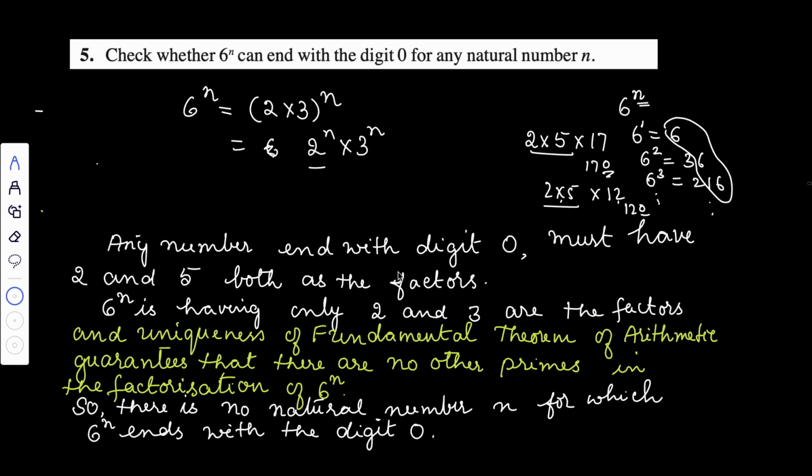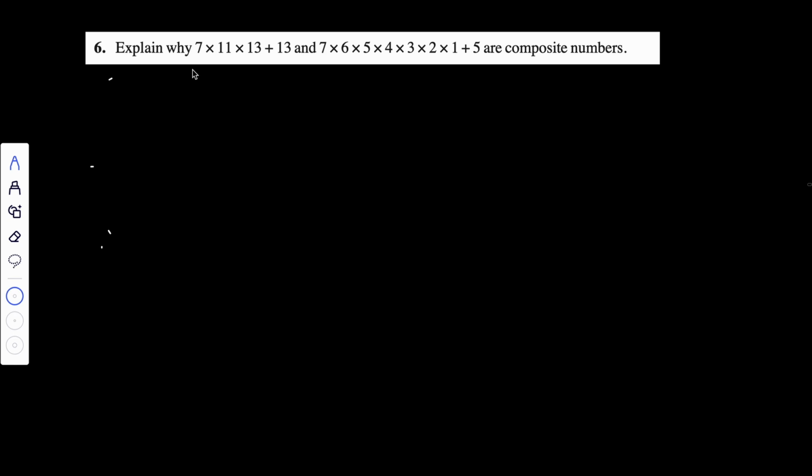Any number ending with the digit 0 must have both 2 and 5 as factors, and 6 to the power of n has only 2 and 3 as factors. By the uniqueness in the fundamental theorem of arithmetic, there are no other primes than 2 and 3 for this number. So there is no natural number n for which 6 to the power of n ends with the digit 0.